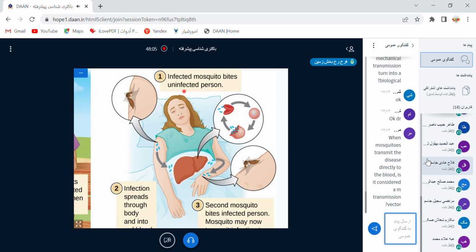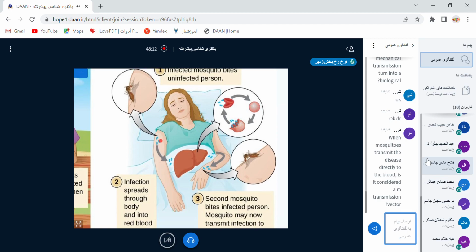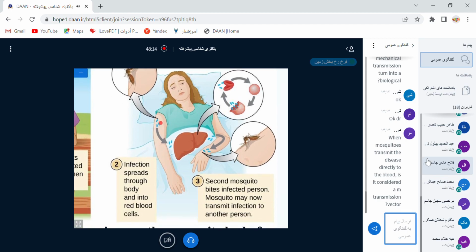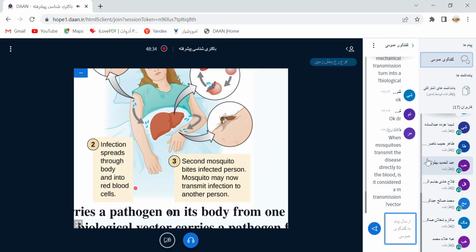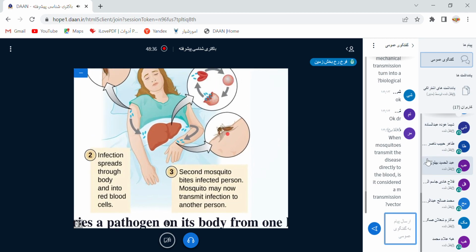So an infected mosquito bites a person. By biting, pathogens come into the body of the person, like for example leishmania. Then infection spreads through the body and into the red blood cells, like malaria, for example. First going to the liver and second going to the blood.